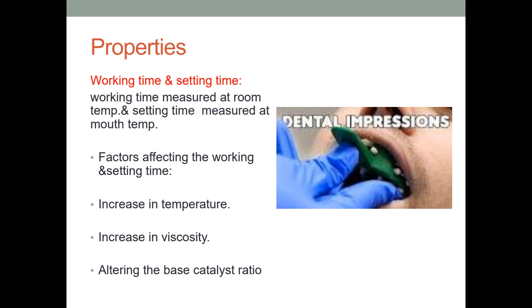Altering the base and catalyst ratio also affects the setting and working time. If you put more accelerator, it can set very fast. If you use less accelerator, it can set very late, with delayed setting. You have to keep all this in mind while mixing the material.